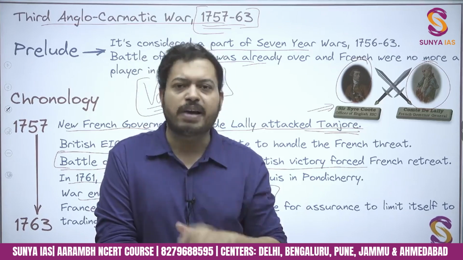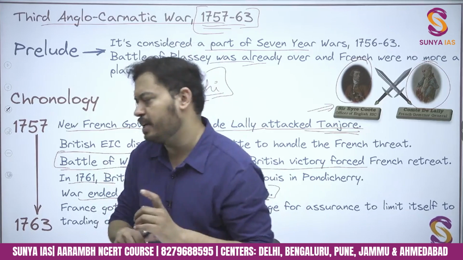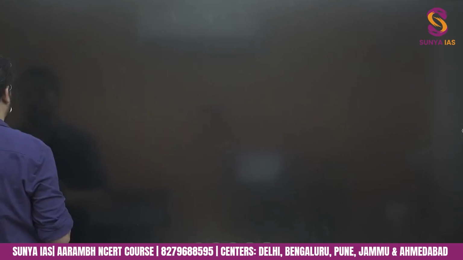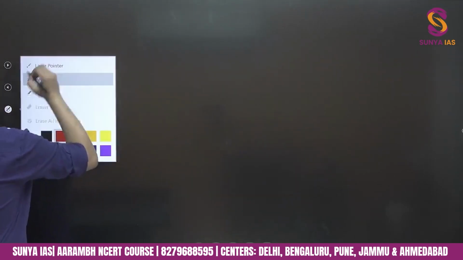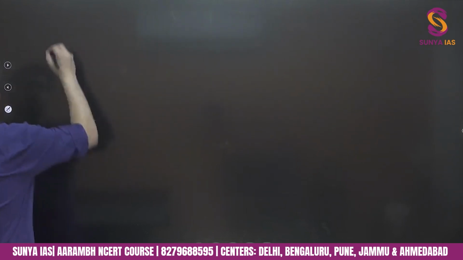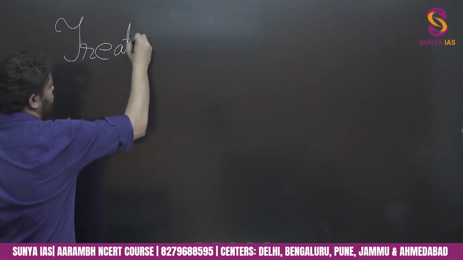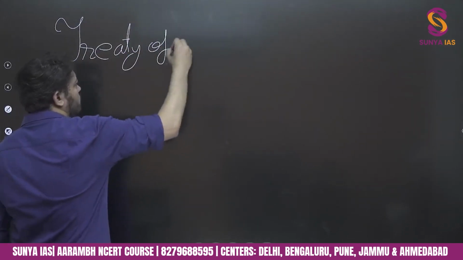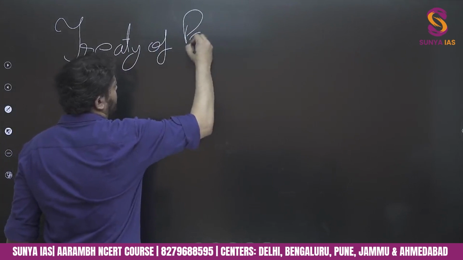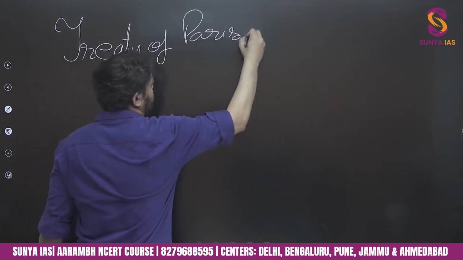Now, this Treaty of Paris is also important for other things, and I'll give you a basic idea because it will be useful for you. This is something you will be reading in much more detail in your world history section.